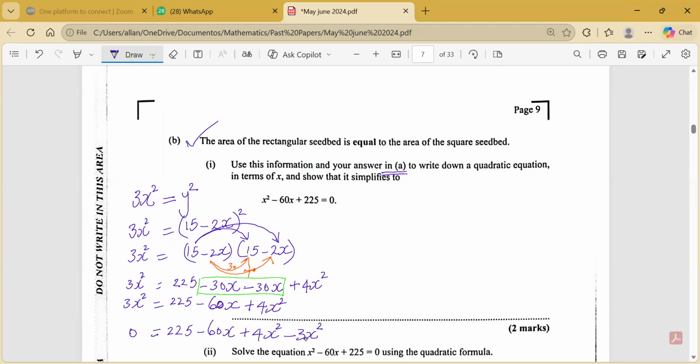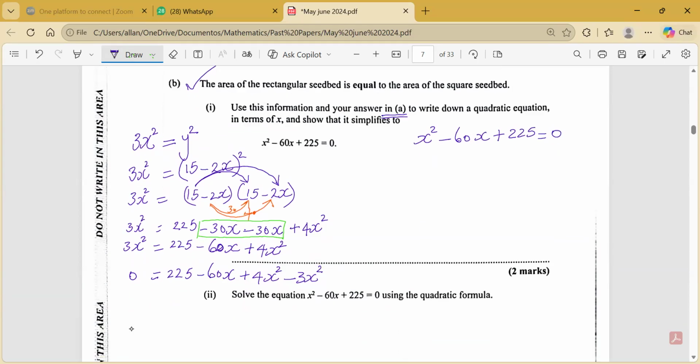How much will you get when you simplify that? x squared minus 60x plus 225 equals 0. And that's what they wanted us to find.